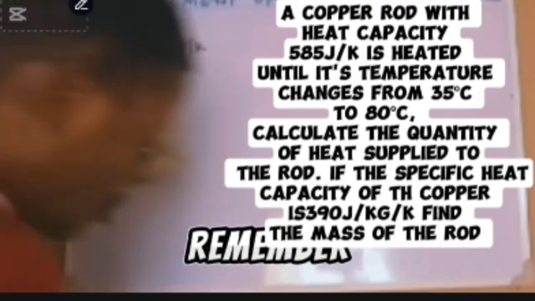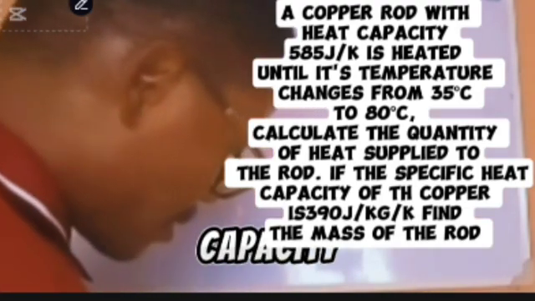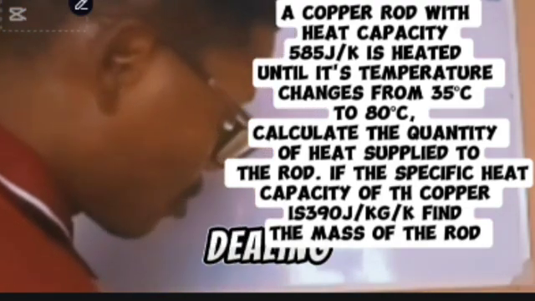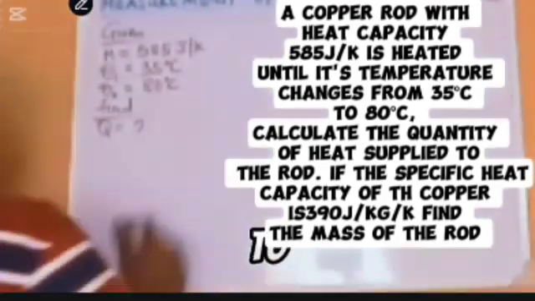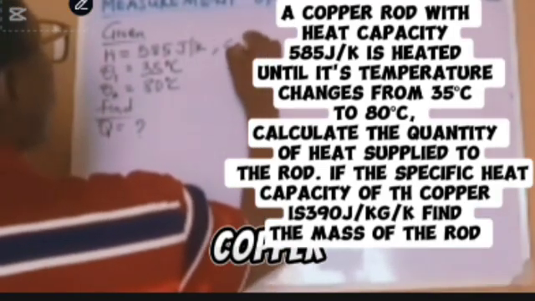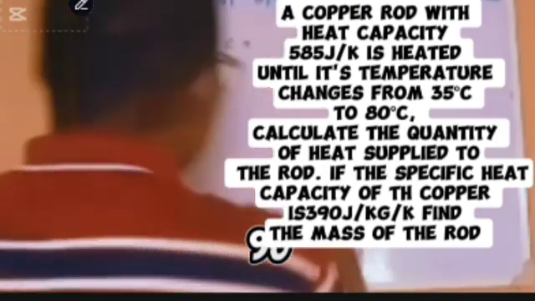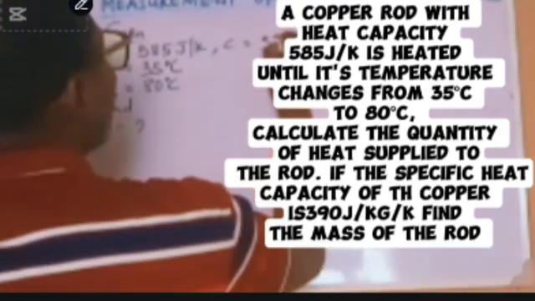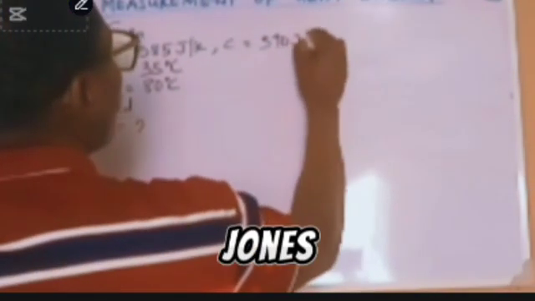Remember, we are dealing with specific heat capacity of copper, with a copper rod. So according to what you are given, we're also given C of copper to be equals to 390 joules per kilogram per Kelvin. So take note of that. And after that, you also have to find the mass of the rod.